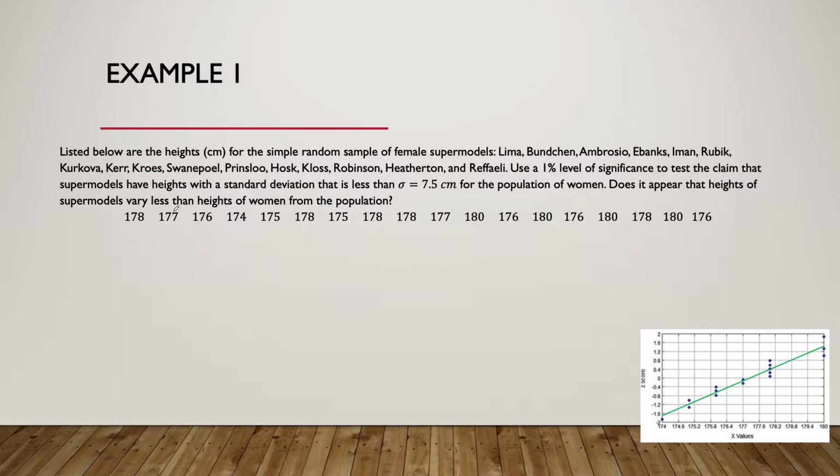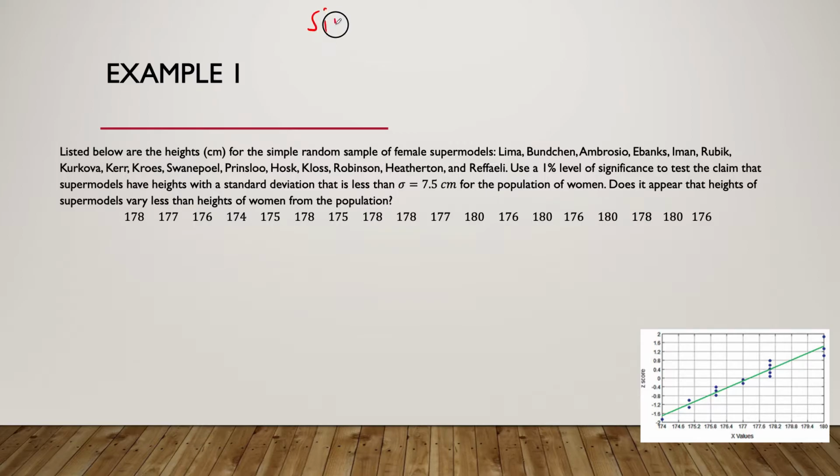So here we have 178, 177, 176, 174, 175, 178, 175, 178, 178, 177, 180, 176, 180, 176, 180, 178, 180, and 176. We obtain this lovely normal quantile plot, which is pretty accurate for a normal distribution.